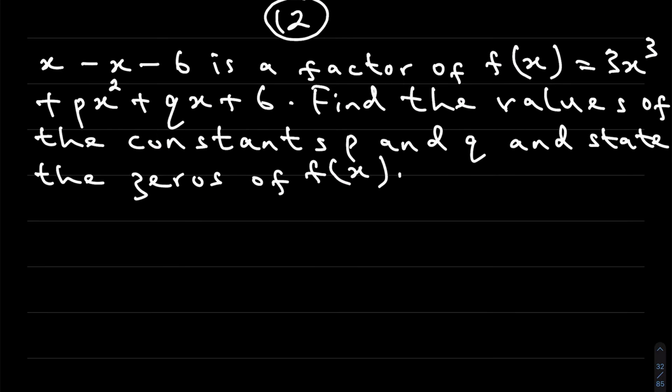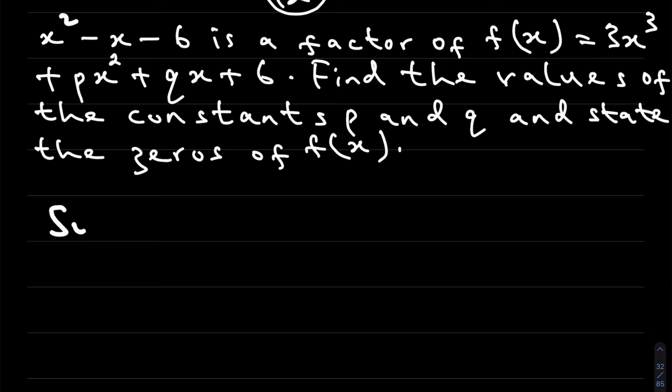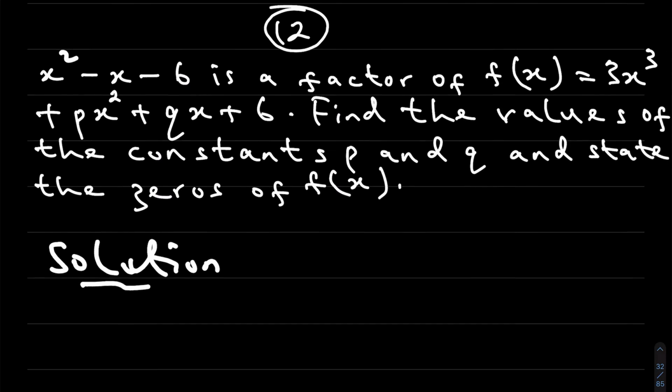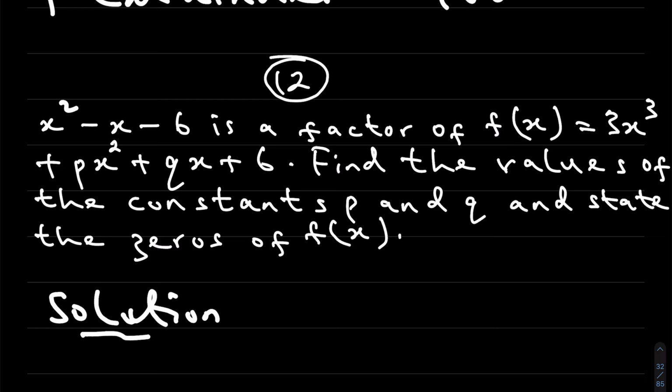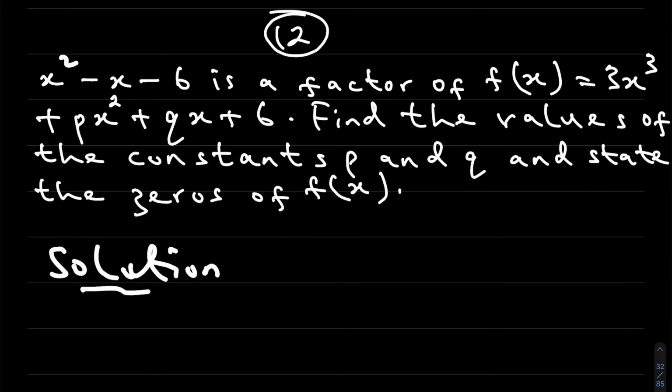X squared minus x minus 6 is a factor of f of x, which is equal to 3x cubed plus px squared plus qx plus 6.